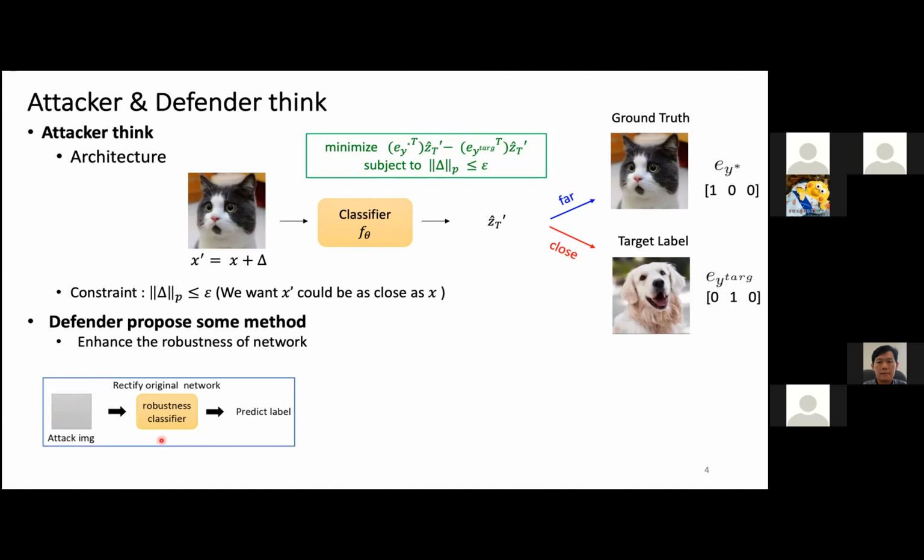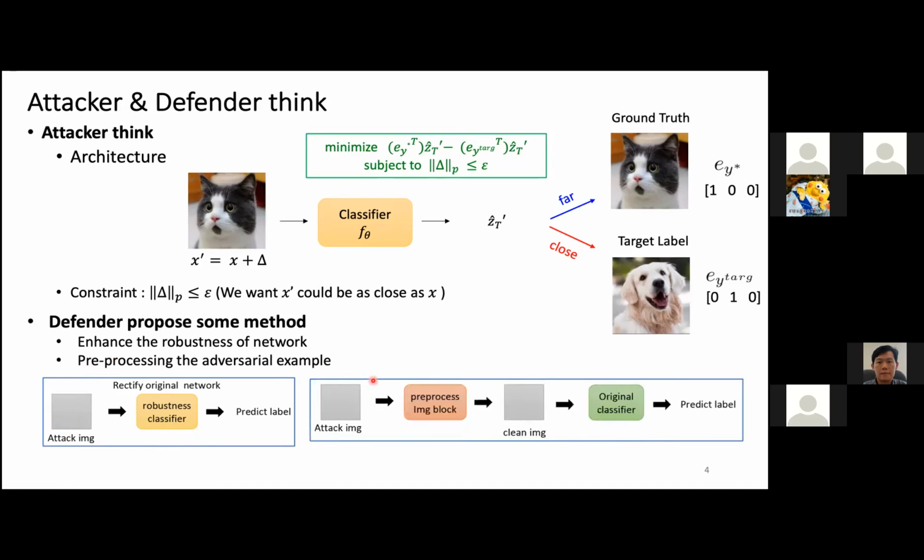So this time they can make the classifier more robust. And another way is to preprocess the adversarial example, such as in this figure. Before they feed the image to the network, they first use a filter to filter out the noise from the image, so it gets a clean image to feed to the classifier.